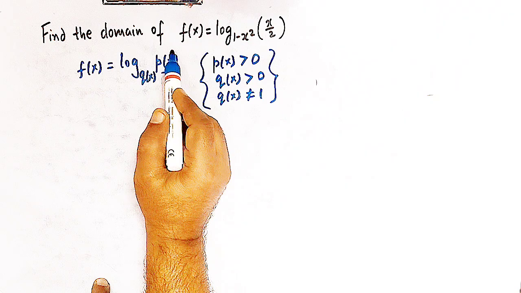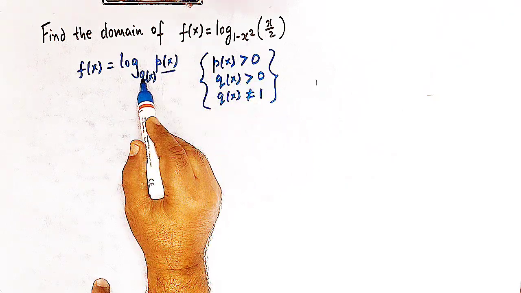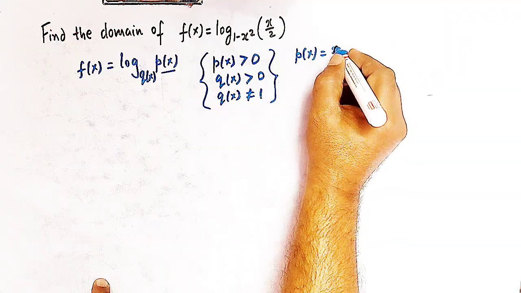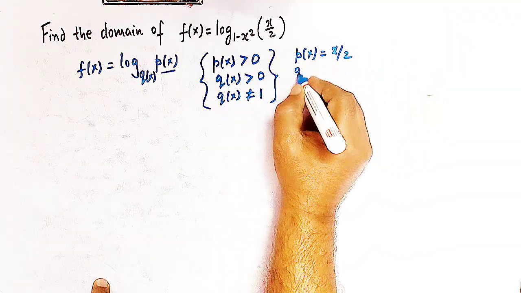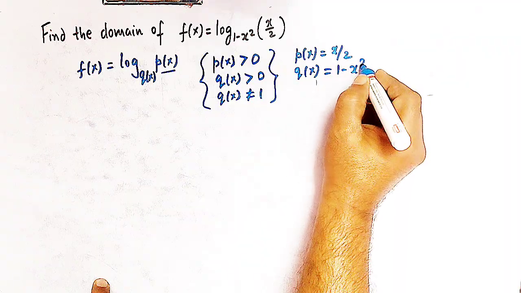So let us first compare this function with this one. We have p of x equal to x over 2, and q of x equal to 1 minus x square.